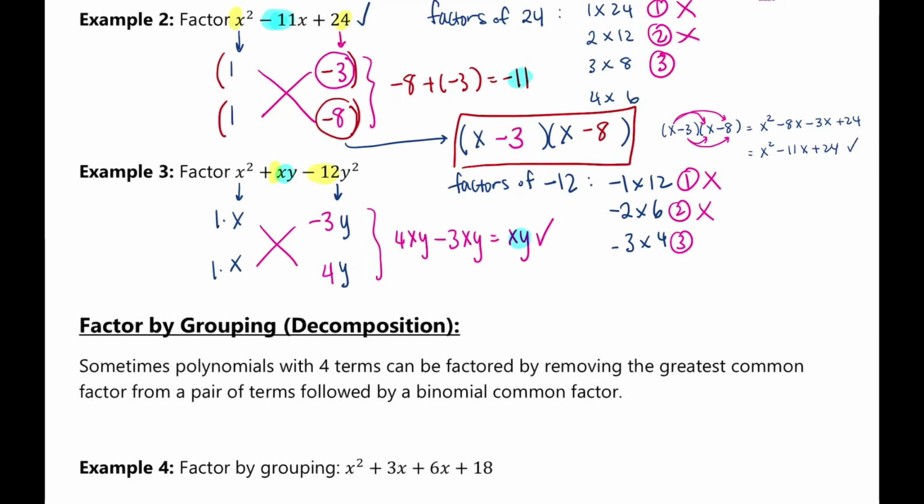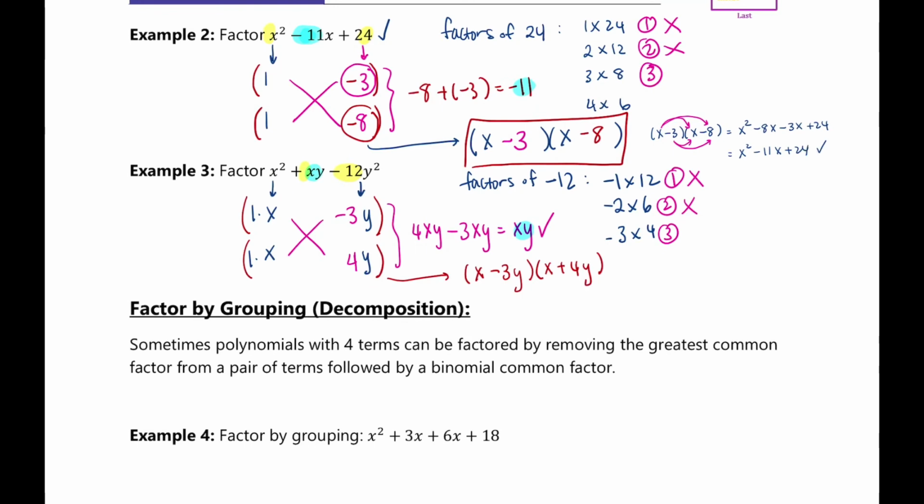So now that we confirmed the middle term is correct, we'll have a bracket around the first row here, and then the second bracket for the second row. Let's rewrite this. We have x minus 3y times x plus 4y. Let's double check by using the distributive law. So this times this times this, and so on like that.